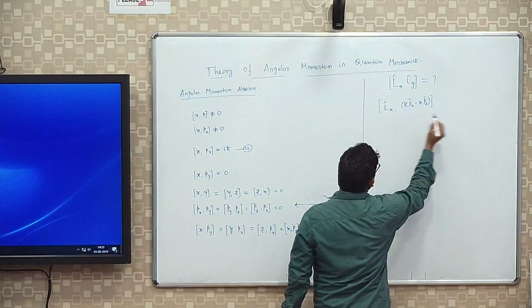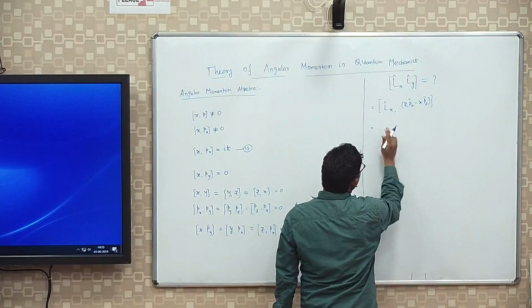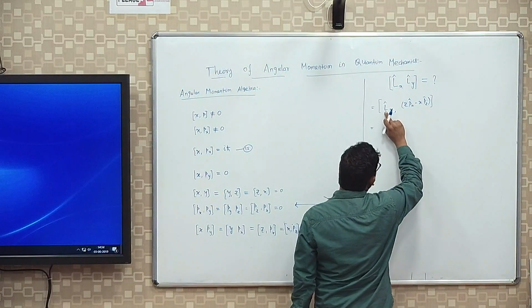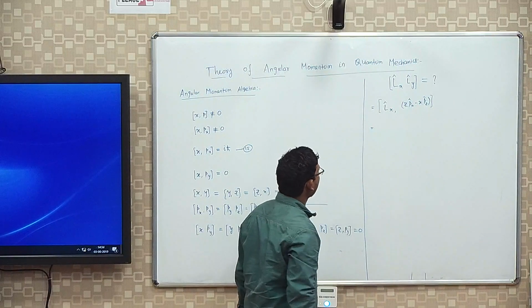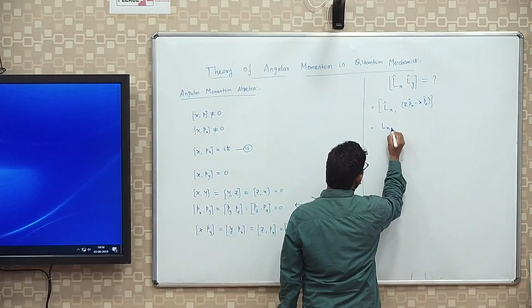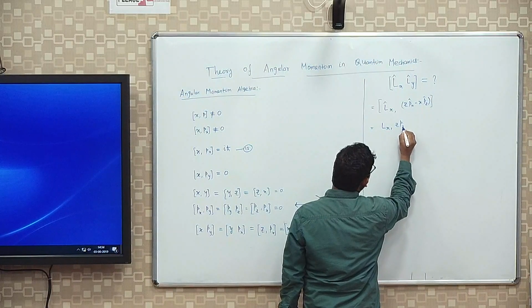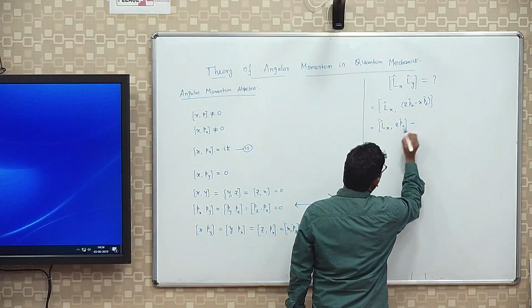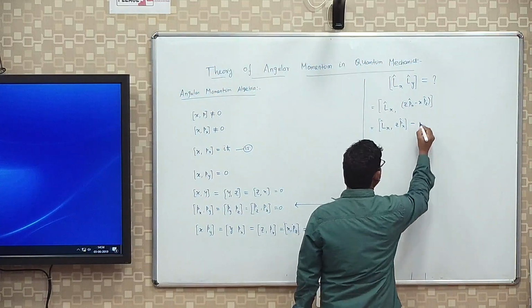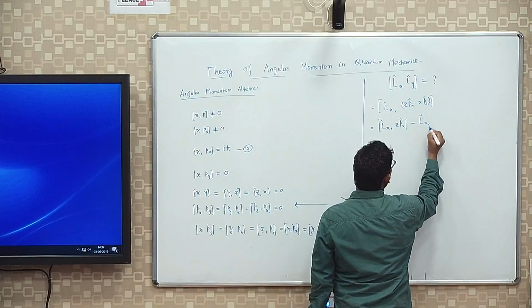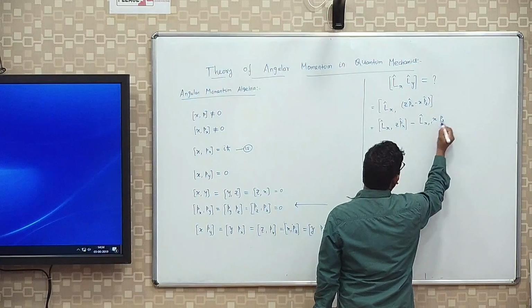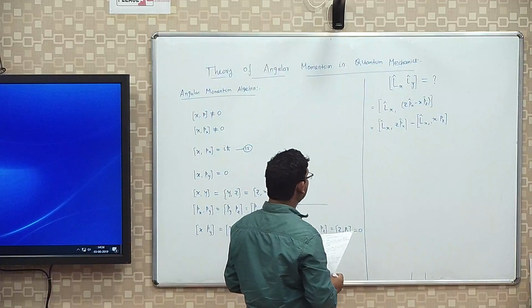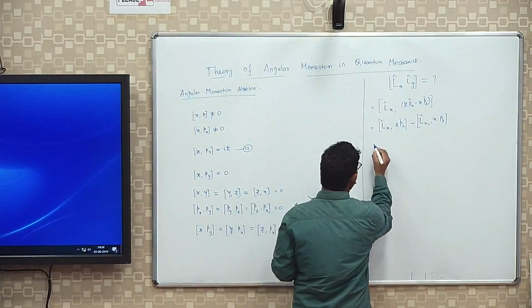So how to write this one? Lx first commutes with this component, then further Lx commutes with the second component. So Lx comma z Px, negative sign, Lx comma x Pz. Okay, let's write the complete expression.